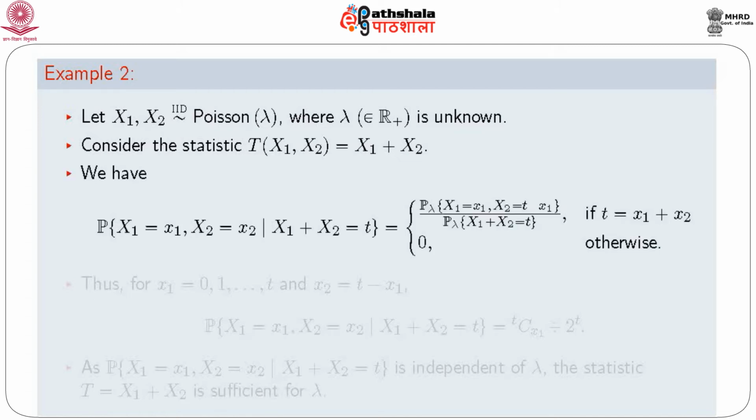The conditional joint distribution of X1, X2 given X1 plus X2 equals to T is given by probability under lambda X1 equals to x1, X2 equals to T minus x1 divided by probability X1 plus X2 equals to T. It is valid when small t equals to x1 plus x2 and is equal to 0 otherwise.